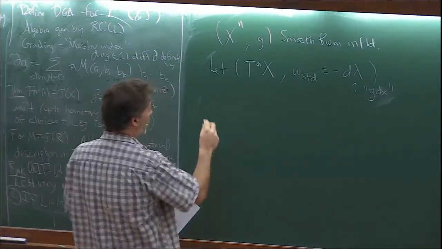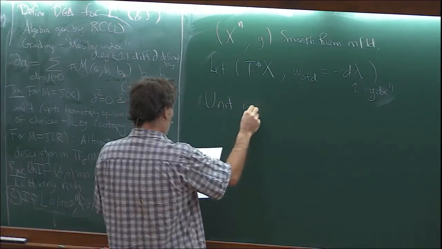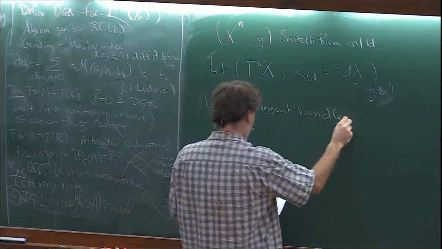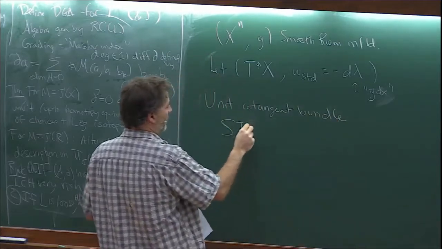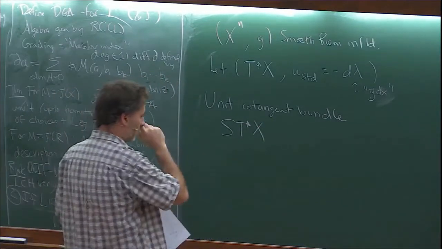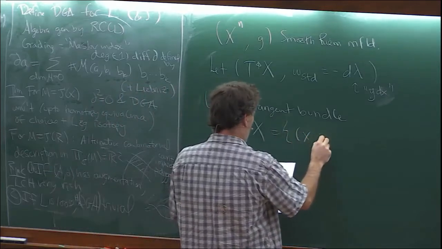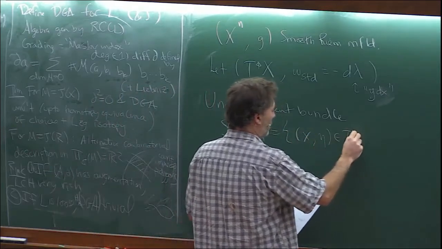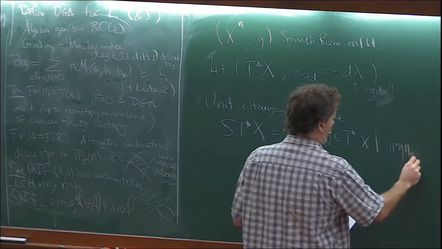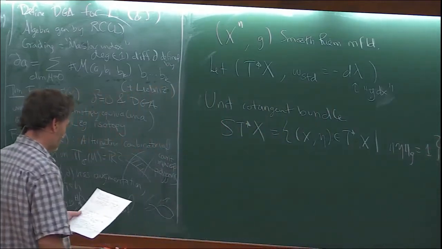And then there's also the unit cotangent bundle, which I'll denote by S, I guess is what Somnath was using in his evening section. So this is points in the cotangent bundle where the covector is length 1, magnitude 1.